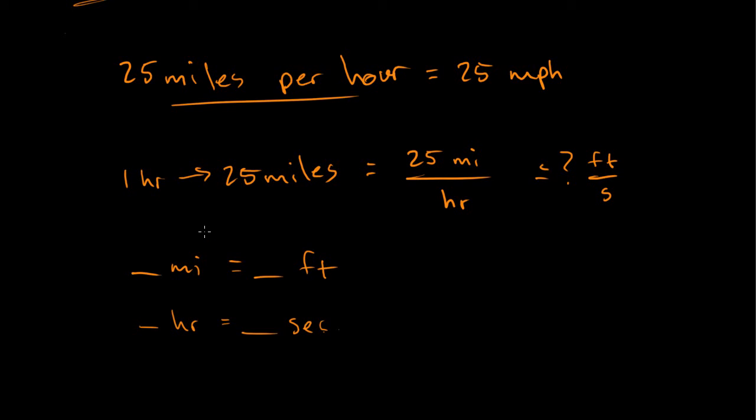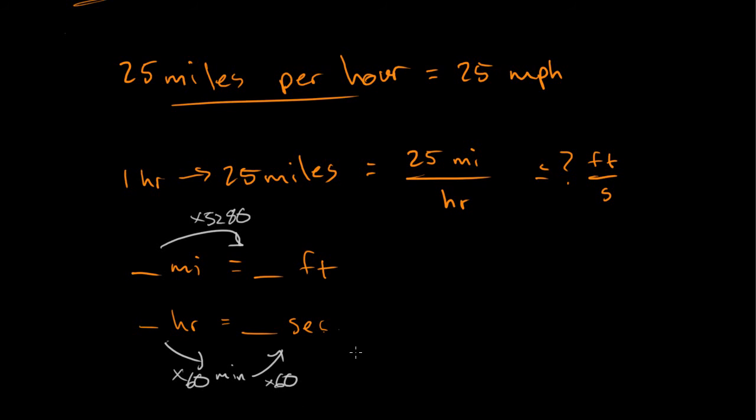So to convert from miles to feet, we know that you have to multiply by 5,280, because there are 5,280 feet in a mile. How do we convert from hours into seconds? Well, to convert from hours to minutes, we multiply by 60. And then to convert from minutes to seconds, we have to multiply by 60 again.